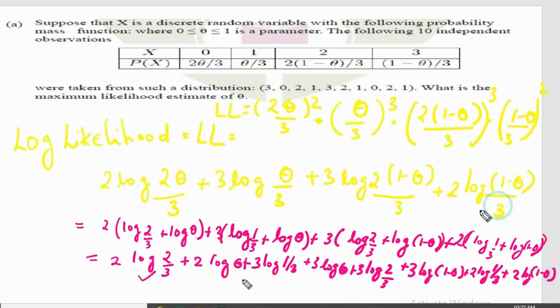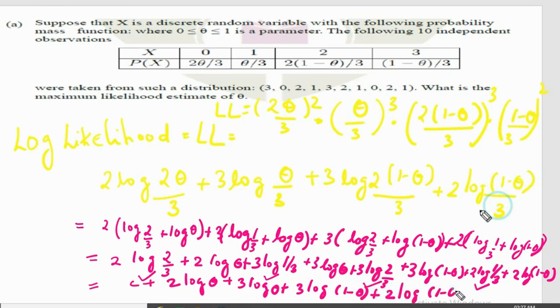You can see that this is constant, this is constant, this is constant, this is constant. So our equation will become like this. The log likelihood is equal to the constant plus 2 log theta plus 3 log theta plus 3 log 1 minus theta plus 2 log 1 minus theta.